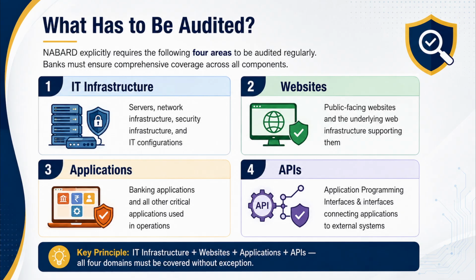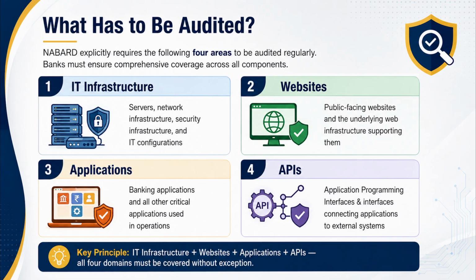Now, let us look at the scope of the cybersecurity audit. NABARD identifies 4 important areas that need regular audit coverage. The first is IT infrastructure. This includes servers, network infrastructure, security infrastructure, and IT configurations. The second is websites, including public-facing websites and the supporting web infrastructure.